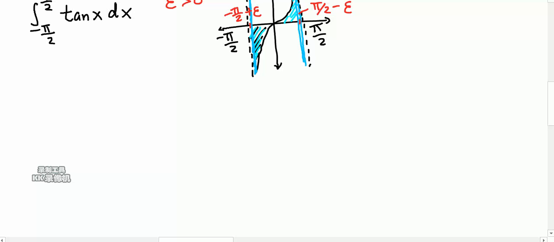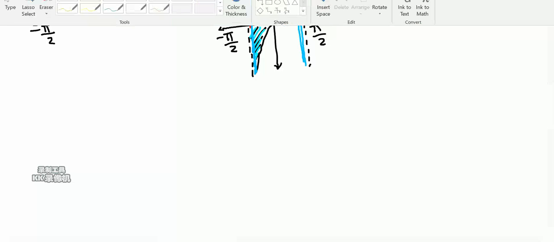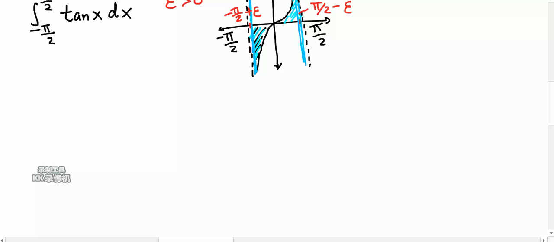So essentially, I'm trying to take the limit as epsilon approaches 0 plus, such that these two vertical lines are going to get closer and closer to their corresponding asymptotes. So let's try that.